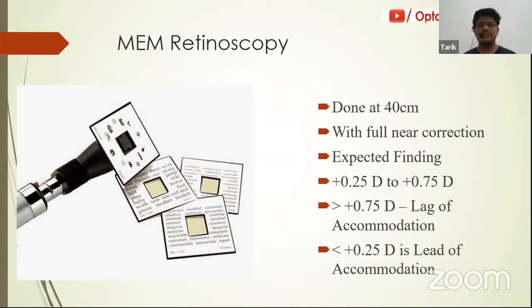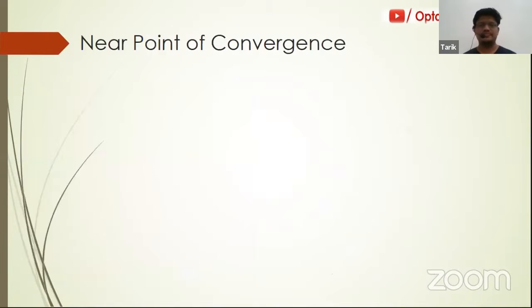So because of convergence insufficiency, I will see that the patient is having an accommodative excess. Whereas vice versa, when the patient is having a convergence excess, to reduce the amount of convergence he will also reduce the amount of accommodation, and the patient might show a lag of accommodation. So indirectly you can assess that the patient is having a convergence or an accommodation problem.